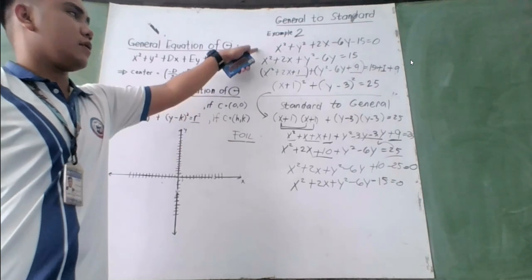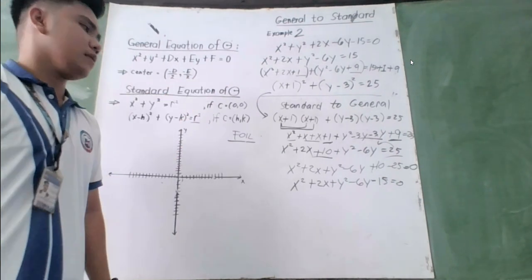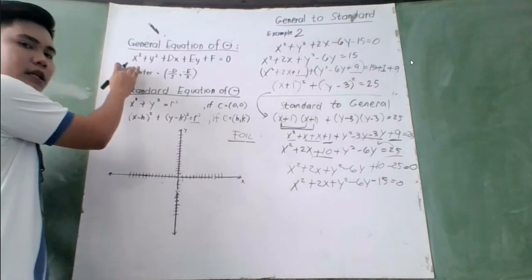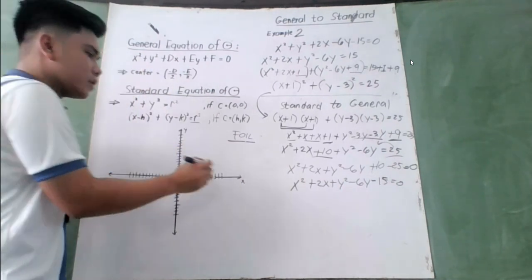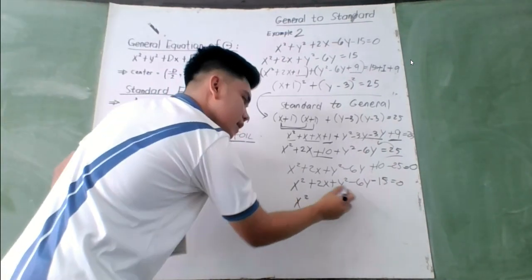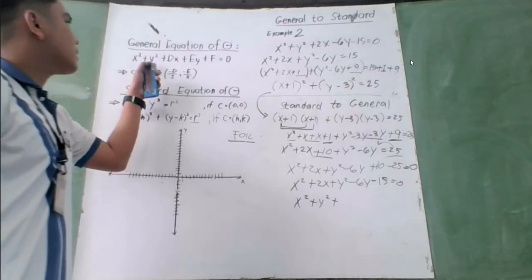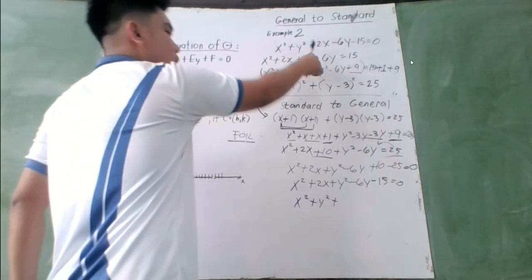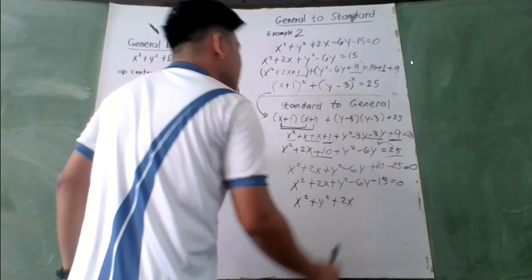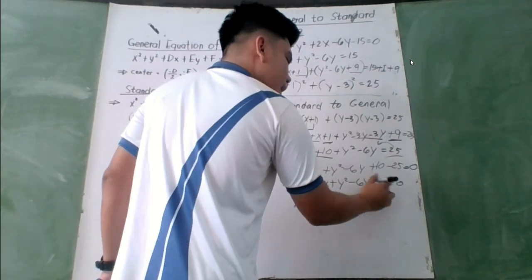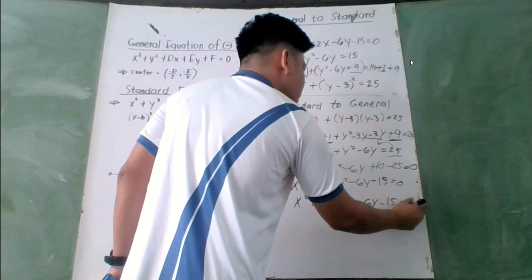Not yet. So, arrange. All we need to do now is to just arrange, because this is the standard general equation. So, you have x squared plus y squared plus, what's next? Dx. So, that must be 2x. 2x minus 6y, copy 15, equal to 0.